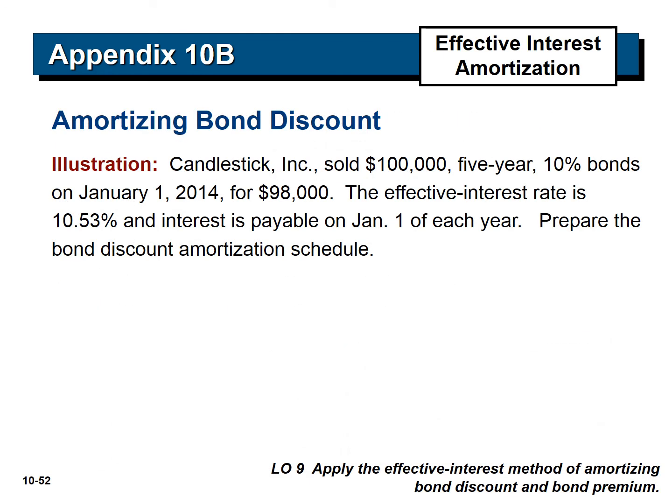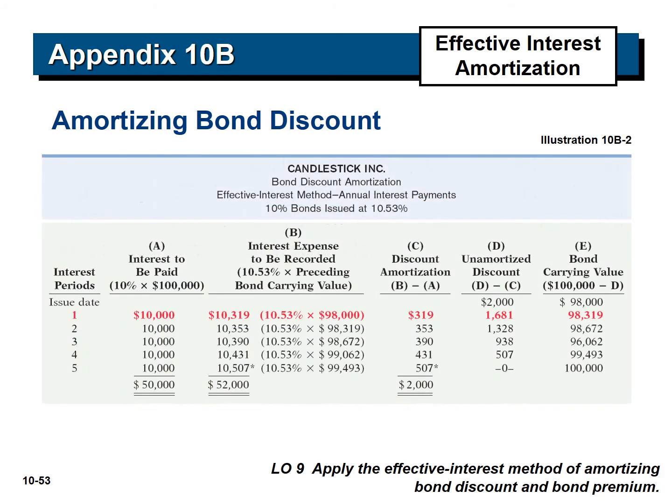So we're going back to the initial example when we sold the bonds at 98,000, and they're telling you that the effective rate, which is the same thing as the market rate, is 10.53. So what's it look like? Well, the difference is that column A does not change. That's still the payment. What changes is column B. Column B is going to be the beginning carrying value times the effective rate.